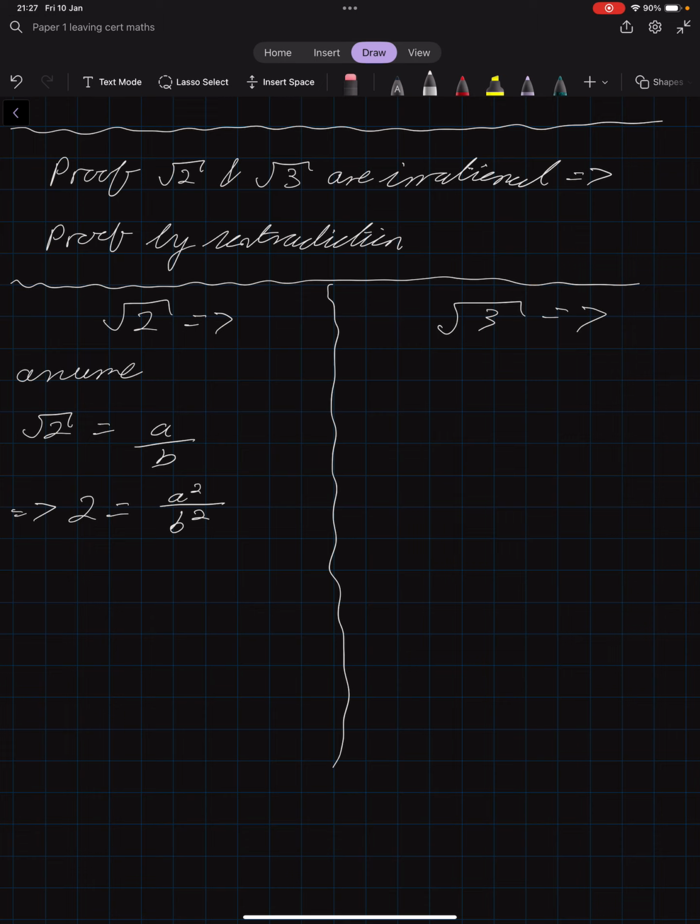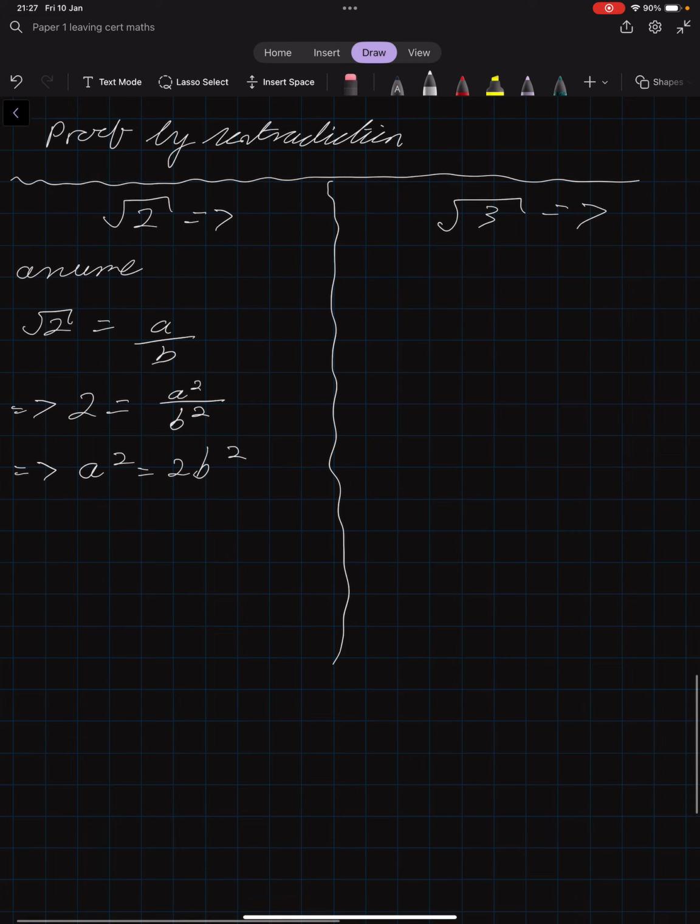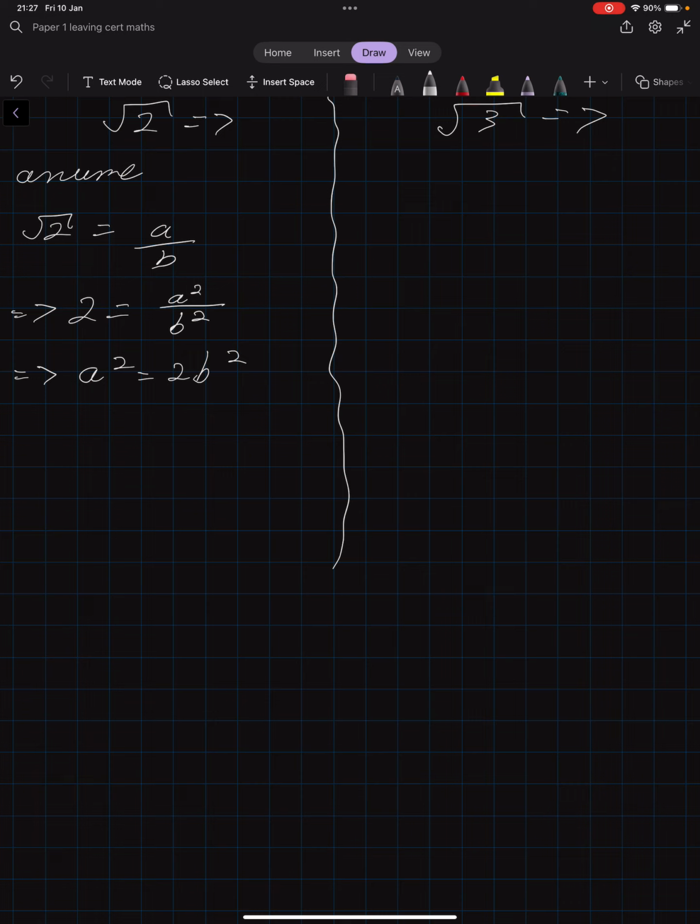Just squaring both sides, I get this. This implies that a squared is going to be 2b squared, so I'm multiplying both sides by b squared to get rid of my fraction. Okay, now this is when you kind of have to think about it.